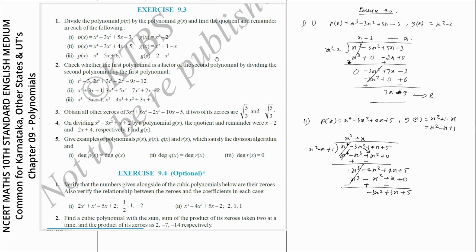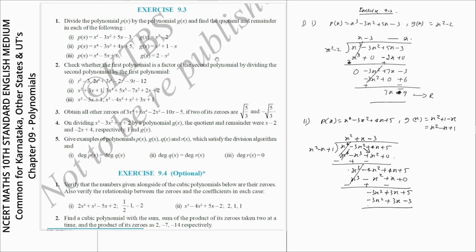Now if I multiply by minus 3, I'll get minus 3 into x square is minus 3x square. Then x into minus 3, minus x into minus 3 is plus 3x. Then plus 1 into minus 3 is minus 3.